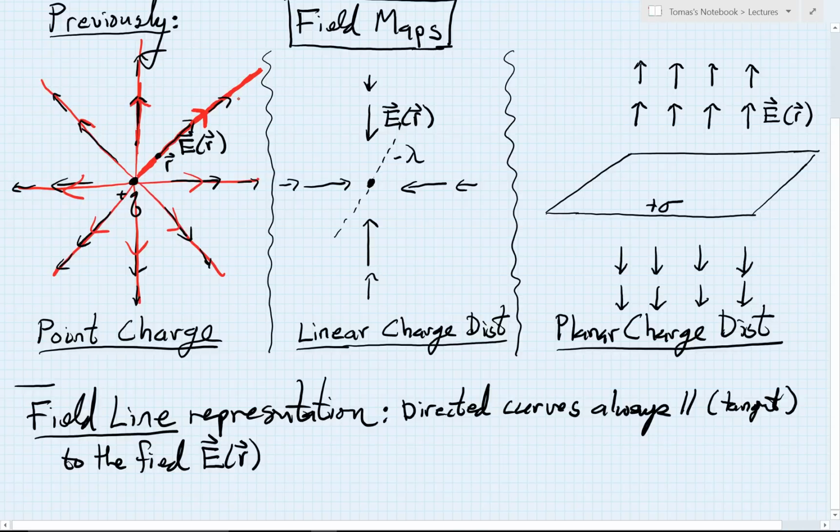Now, for the case of the linear charge distribution, I'm directed completely inward, so the field lines follow the same kind of pattern. I might start out here, and I have to move parallel to the field, but as I move along a straight line, I'm maintaining a parallel relation to the field. So I have exactly the same radial lines as before, but now these lines are directed straight inward.